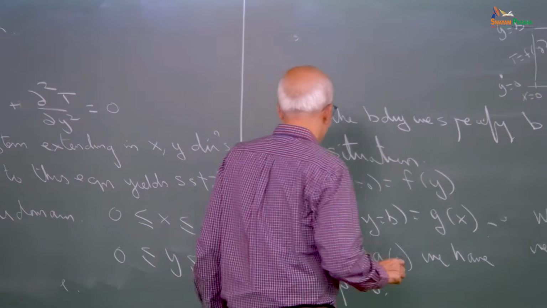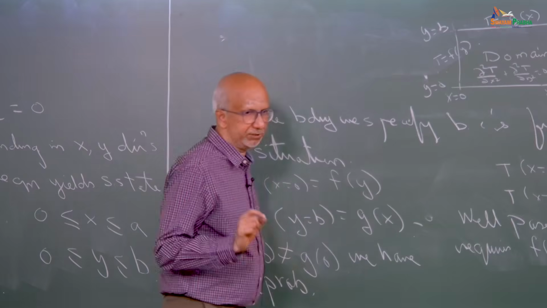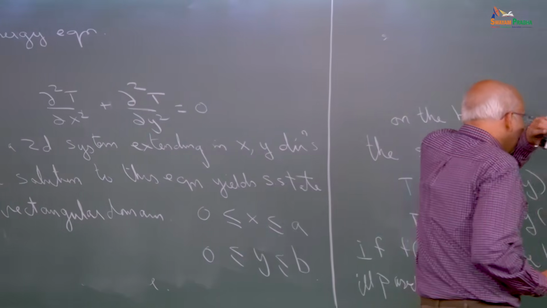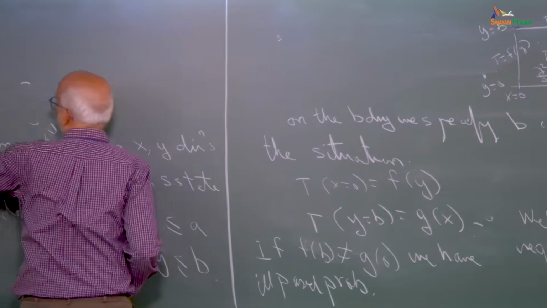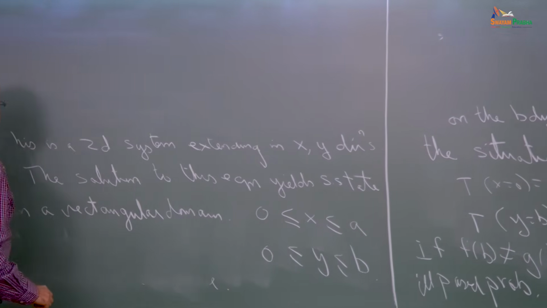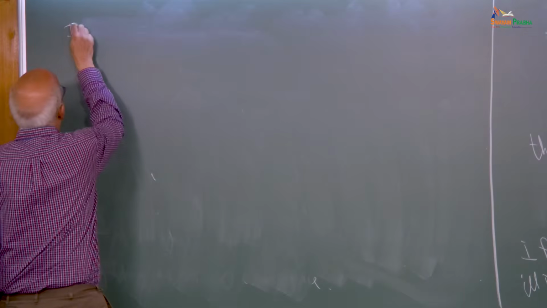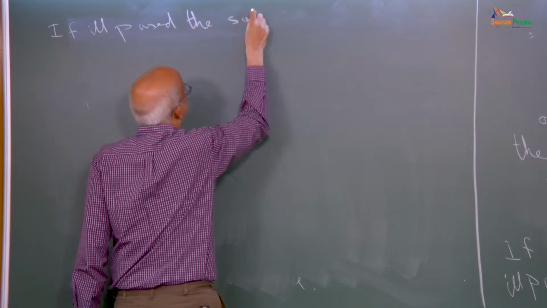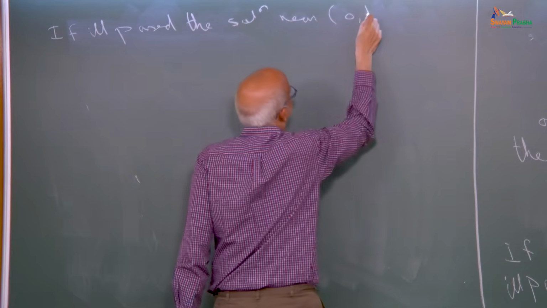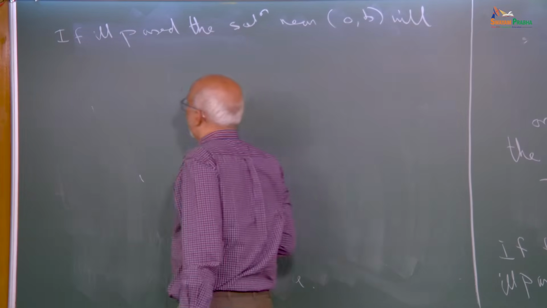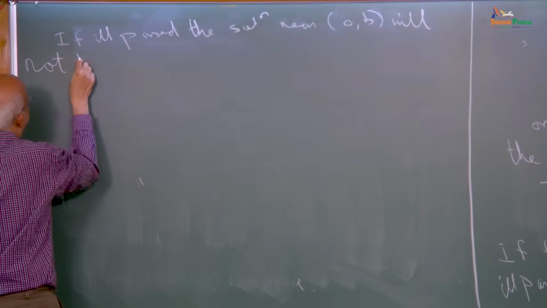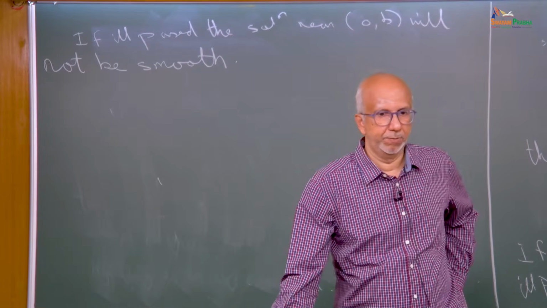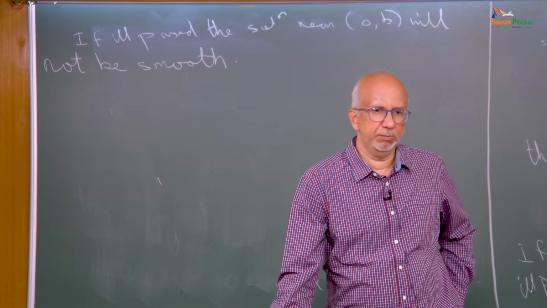So, if it is ill posed, near that corner 0 comma b, the solution near 0 comma b will not be smooth, okay. So, ideally you want things to be well posed.